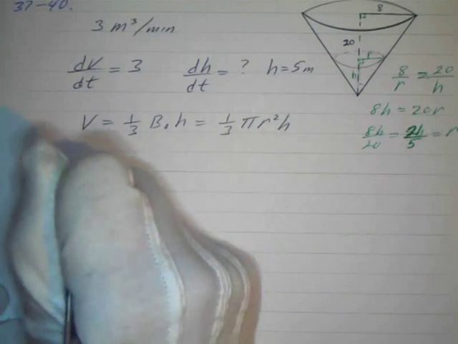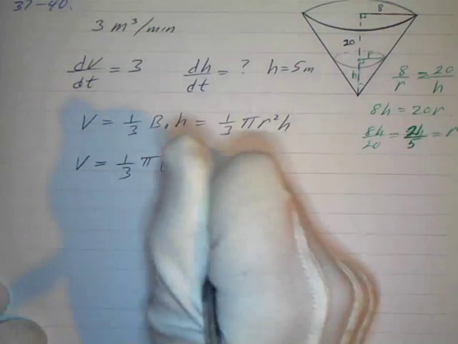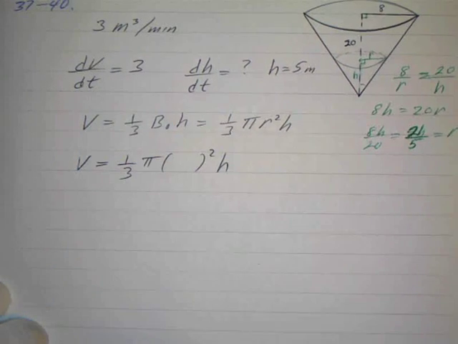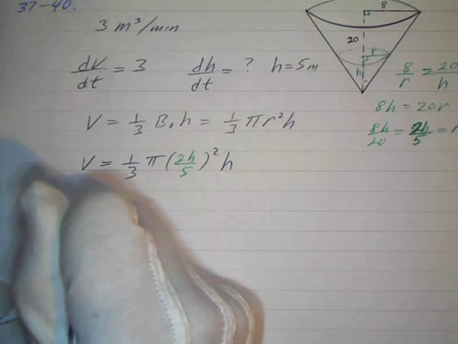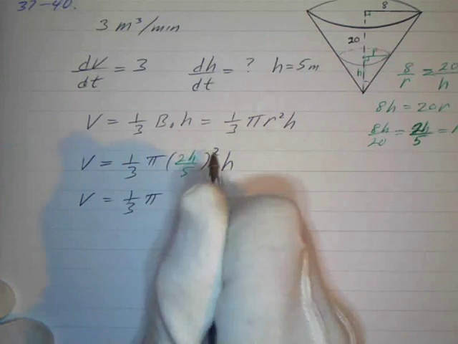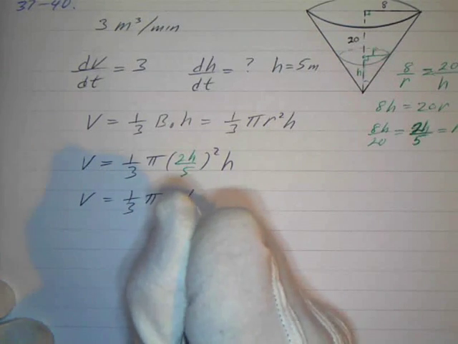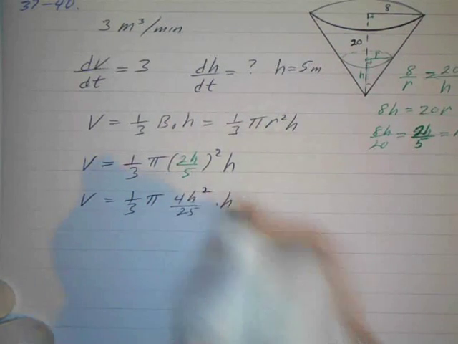So volume equals 1/3 pi r squared h, and my r is the 2h over 5. And then we'll square that. And that's going to be 4h squared over 25 times h.